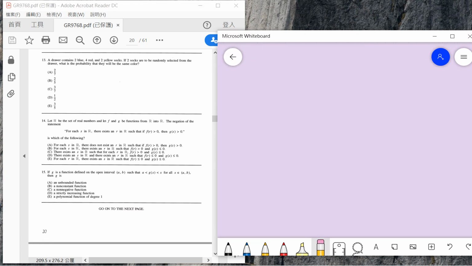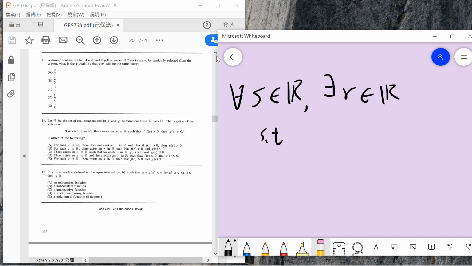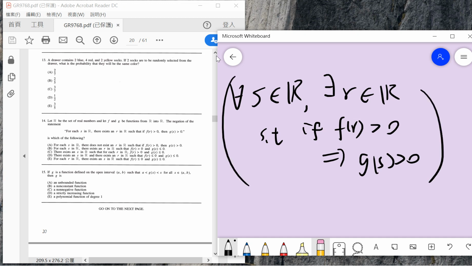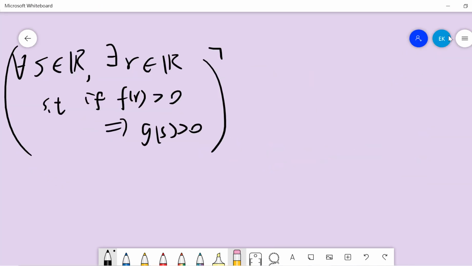Okay, so 14. Let R be a set of real numbers and f, g functions from R to R. The statement says that for any s there exists r such that if f of r is larger than 0, then g of s is larger than 0. And we need to find the negation of this statement. Everybody knows about negation.